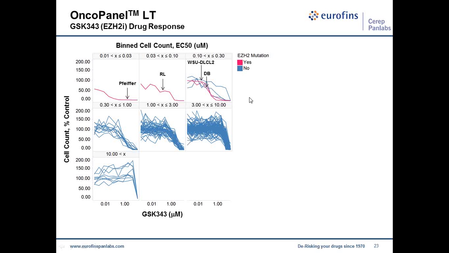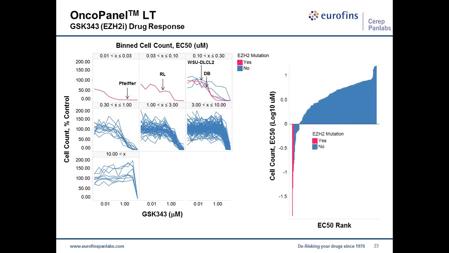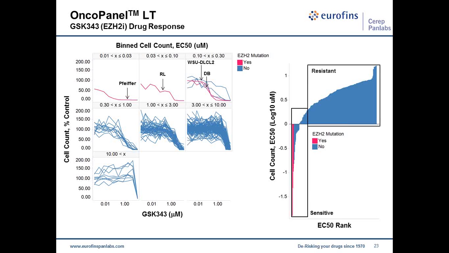What I've highlighted too are the cell lines shown in pink, which contain the EZH2 mutation. When you plot these data as a waterfall plot, you can see that the EZH2 mutant cell lines are those that tend to be the most sensitive to this particular drug. We then classified cell lines as either sensitive or resistant, and then performed our genomic analysis.